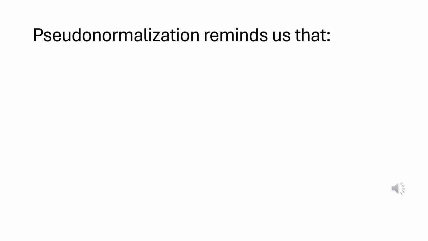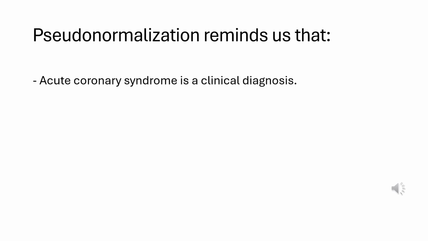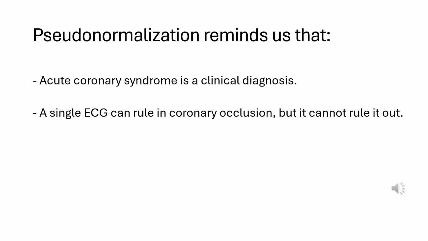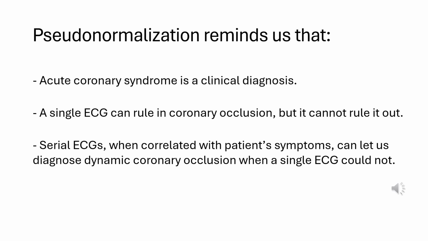First, acute coronary syndrome is a clinical diagnosis. Second, a single ECG can rule in coronary occlusion, but it cannot rule it out. And third, serial ECGs, when correlated with the patient's symptoms, can let us diagnose dynamic coronary occlusion when a single ECG could not.